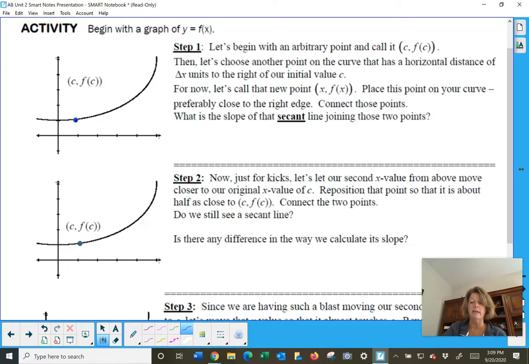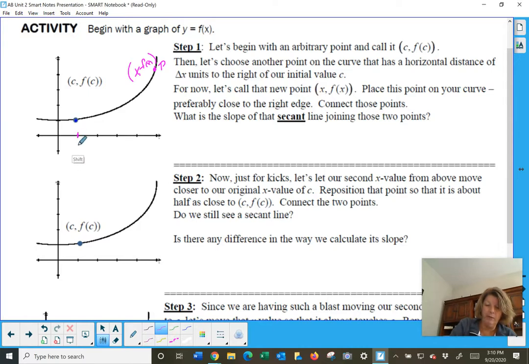Connect those points, and then what is the slope of the secant line joining those 2 points? So we're going to put our point P way over here. It said place it over towards the right, and we're going to move our point x, delta x units away. So we're going to call this x, f of x.